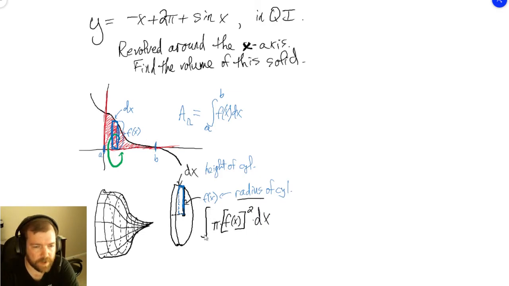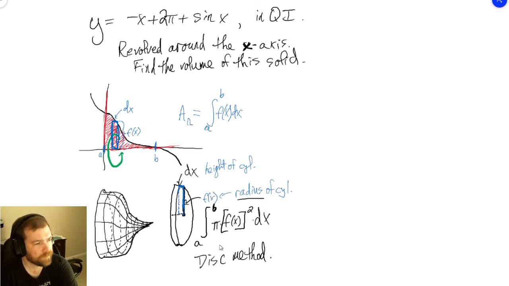So find the sum of all of the individual volumes created by these cylinders. This is also known as the disk method. It can also be called the washer method.